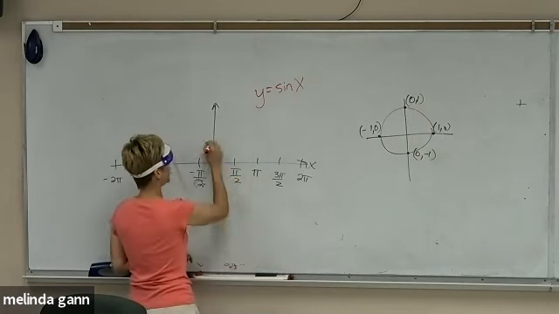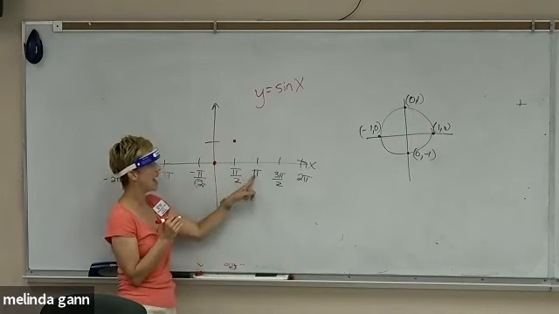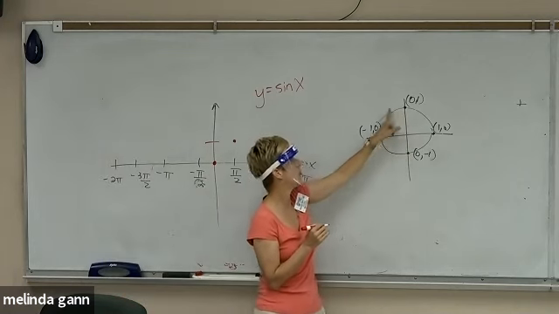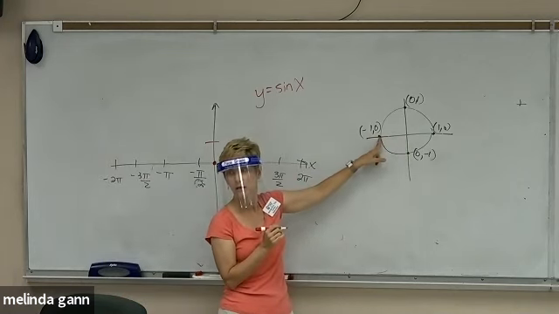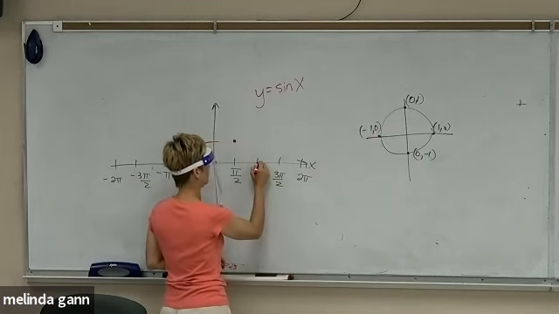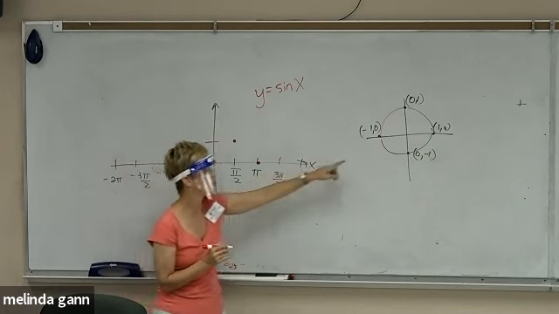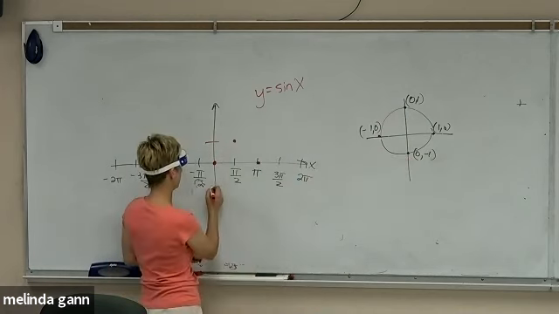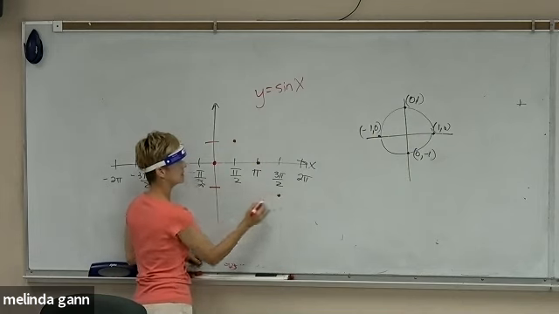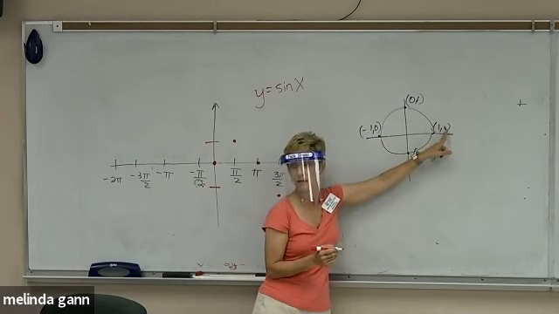So at 90, it goes up to 1. What about at 180 or pi? I'm all the way over here, inside your y coordinate. So what is it? 0. At 3 pi over 2, at 270, what's your y coordinate? Negative 1. If I go back to 2 pi, to 360, now I'm back to y being what? 0.